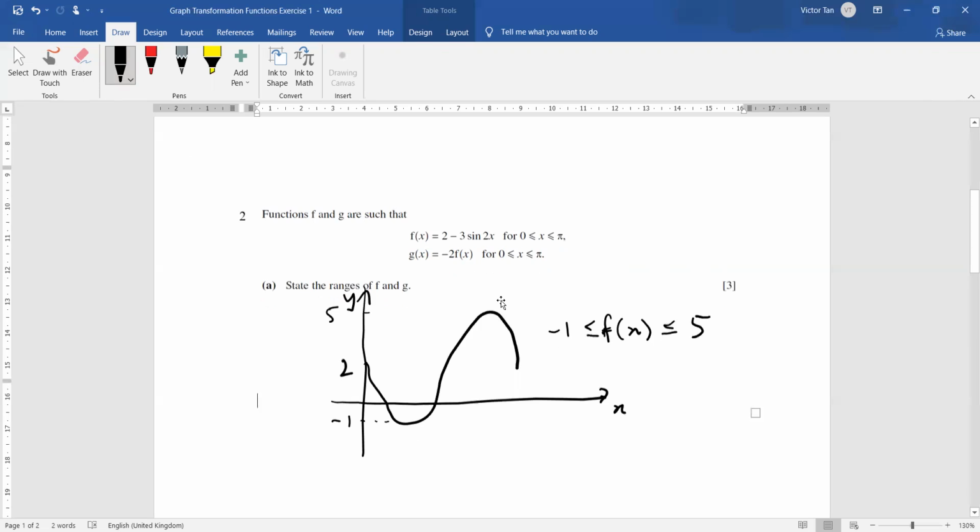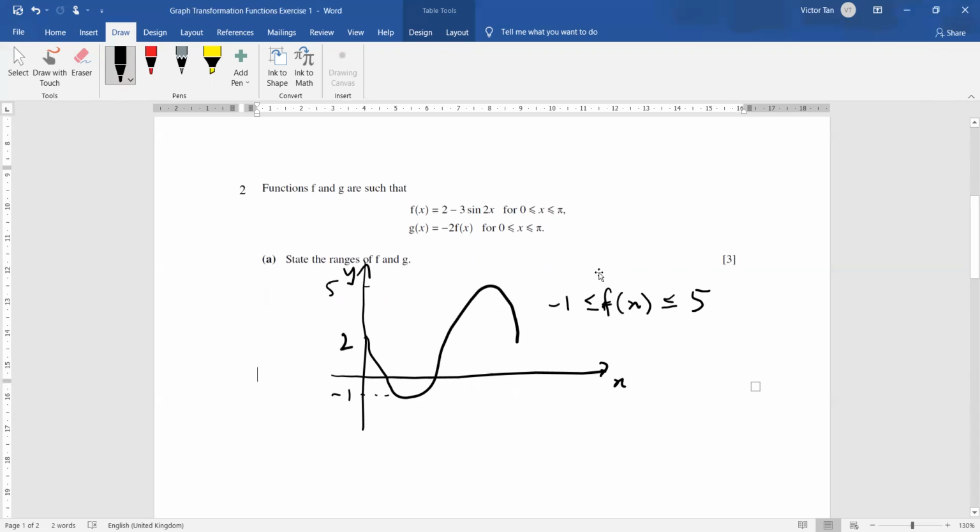Now g(x) is minus 2f(x). So you will have a stretch of 2 times with a reflection on the x-axis. If you write g(x) as minus 2f(x), it will be 6 sine 2x minus 4.